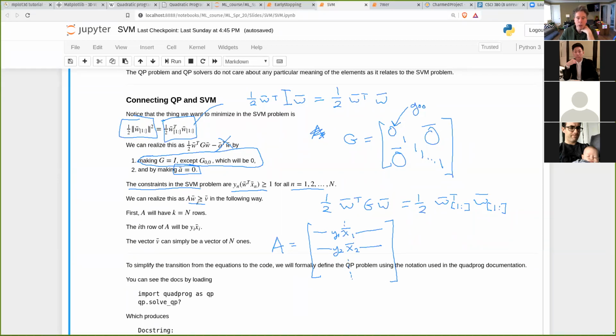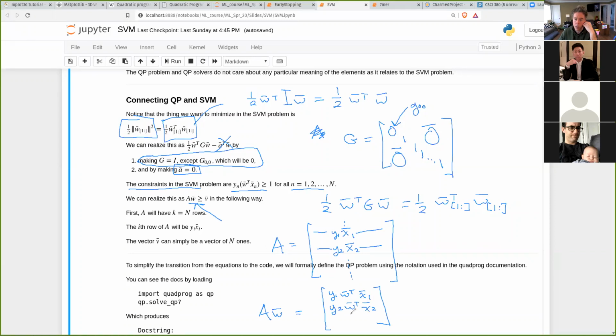So now if we look at what happens when we do A times W, A times W is just going to be a vector where you get y1 times the dot product of W and x1, and then y2 times the dot product of W and x2.